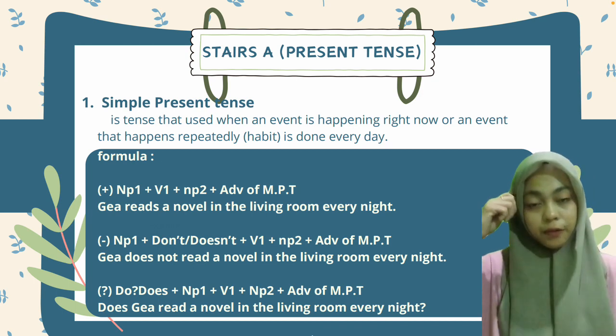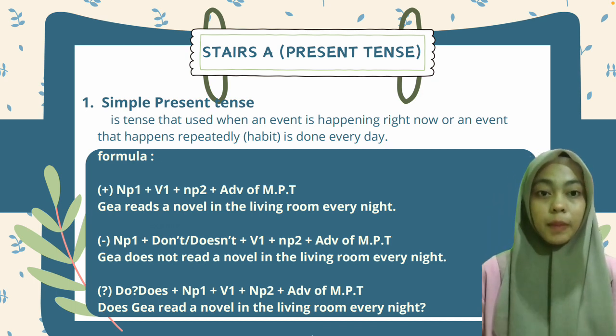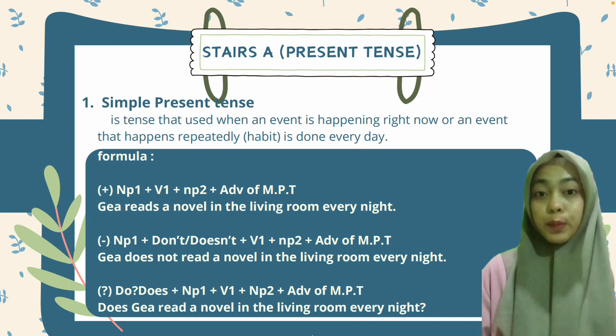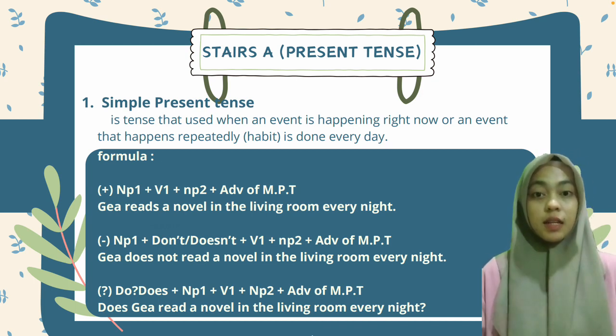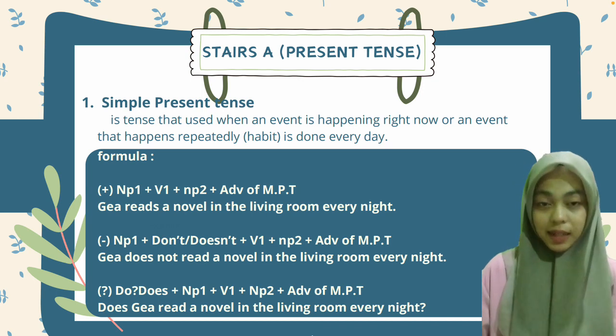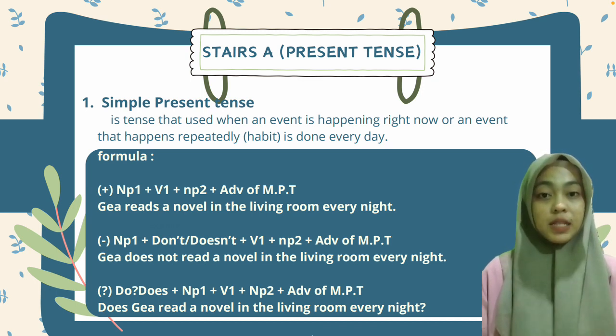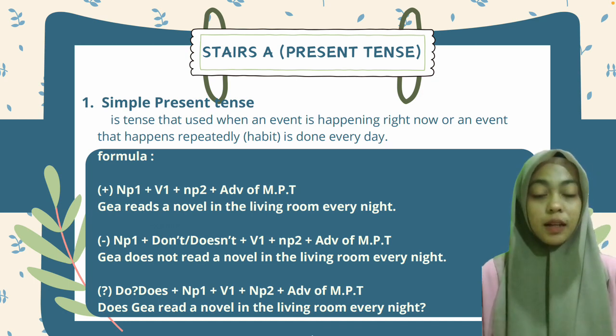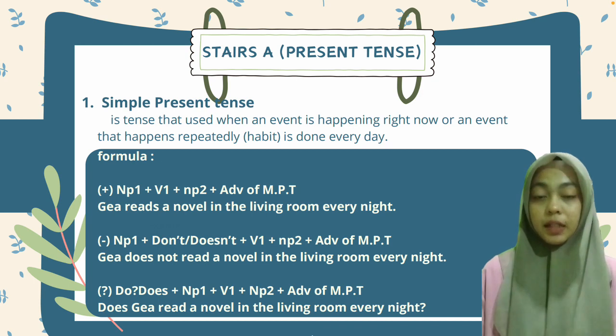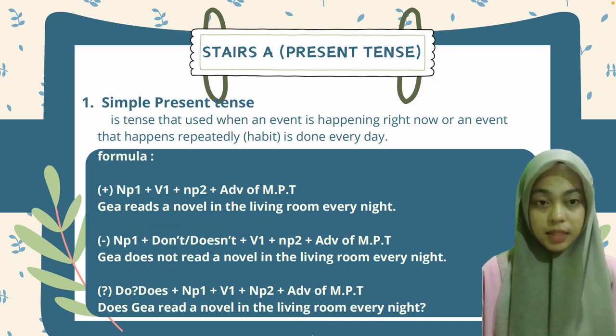So we are first knowing about the formula. Based on the stairs, the positive formula is noun phrase or subject, or NP1, plus verb 1, plus noun phrase 2 or object, and plus the adverb of NPT or manner, place and time.